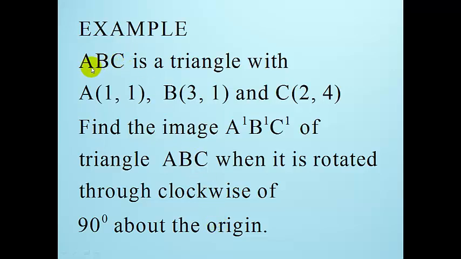So from the question, ABC is a triangle with vertices A (1, 1), B (3, 1), and C (2, 4). Now we have to find the image A', B', C' of triangle ABC when it is rotated clockwise through 90 degrees about the origin. Now let's look at the solution.